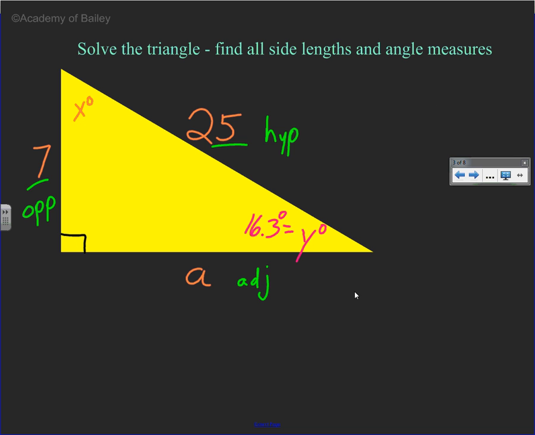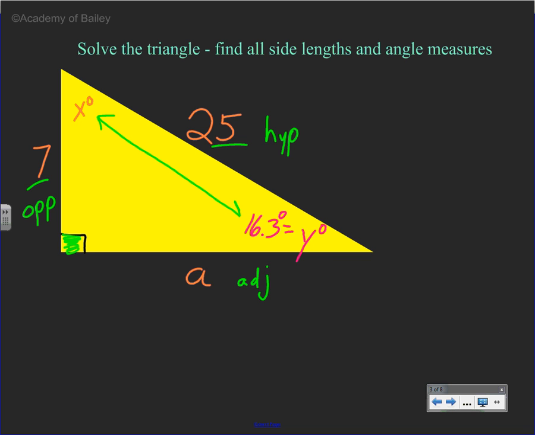Okie dokie. So, since we know that we have a 90-degree angle here, these two angles must add up to equal 90 degrees themselves.